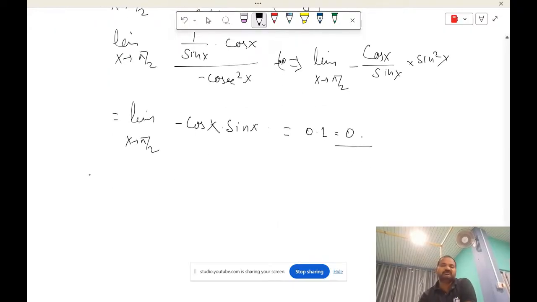So now we will see the use of the logarithm term in solving limit problems. So how can we use the logarithm term?